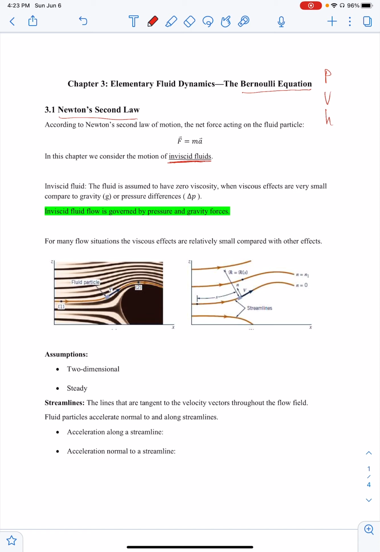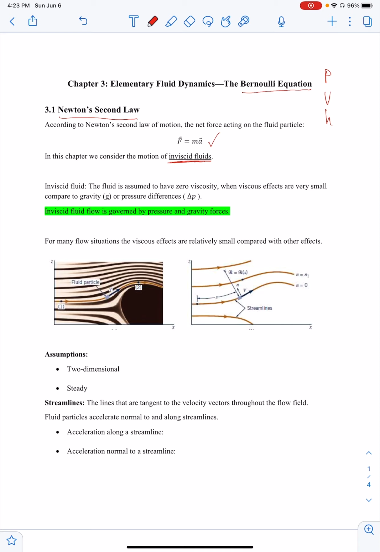But just be careful and note that this is for very specific circumstances, and we are going to talk about the assumptions that we are making when we derive the Bernoulli equation out of Newton's second law of motion.